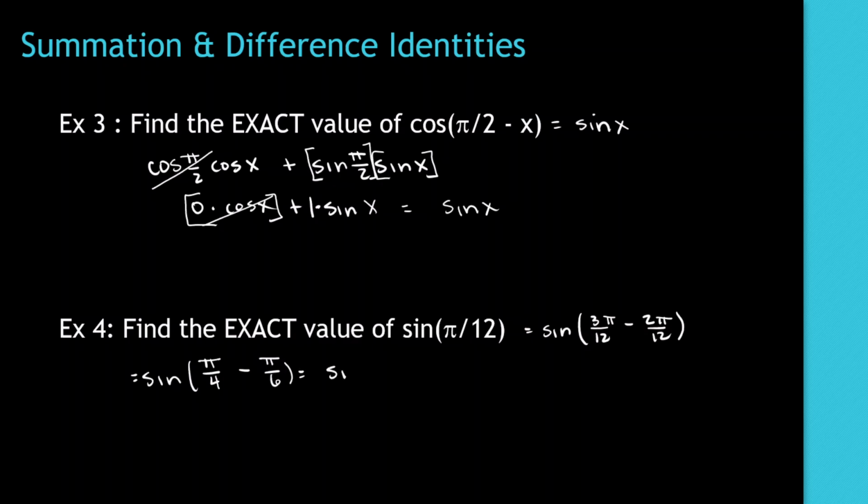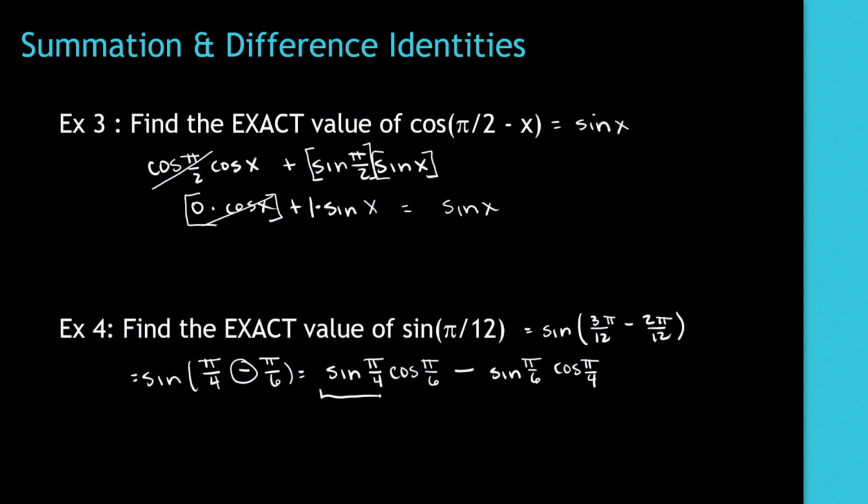So now I can use my sine formula, which would go sine of pi fourths, cosine of pi sixths, and then sine of pi sixths, and cosine of pi fourths. And with sine, when it is a subtraction, it stays a subtraction.